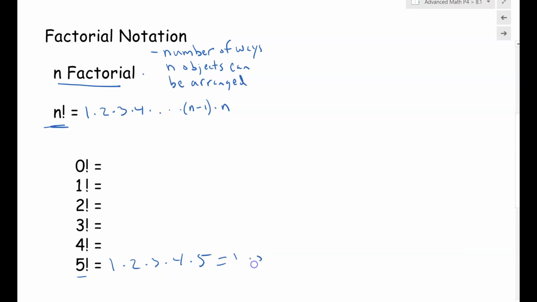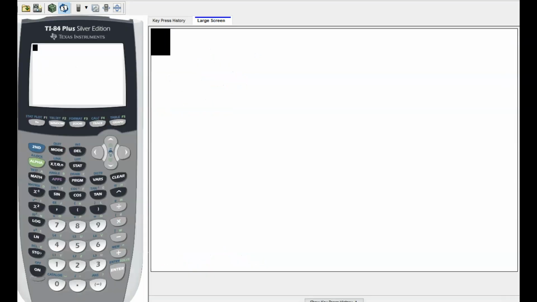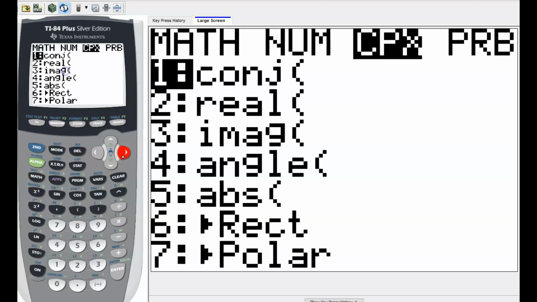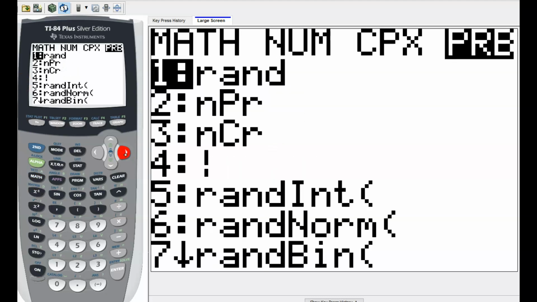Now, on the calculator, just for your future, if you have one of these calculators, and even on computers in scientific mode, I'm pretty sure there's a factorial button. Here it's a few more button pushes. You have to go to math, then over to PRB, your probability, because factorials deal with statistics and probability mostly.